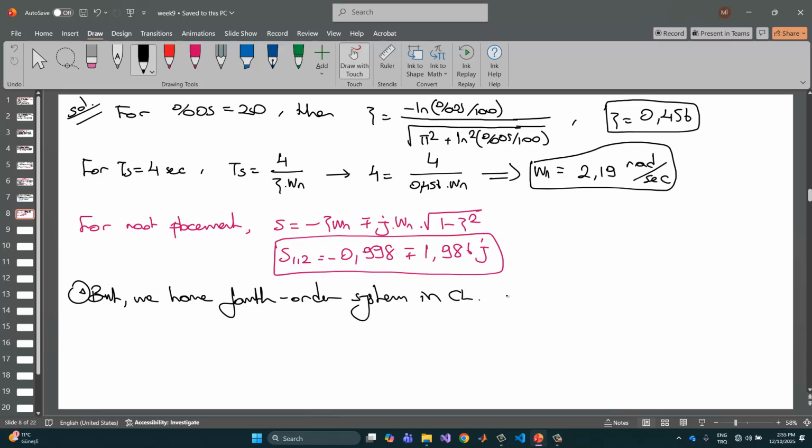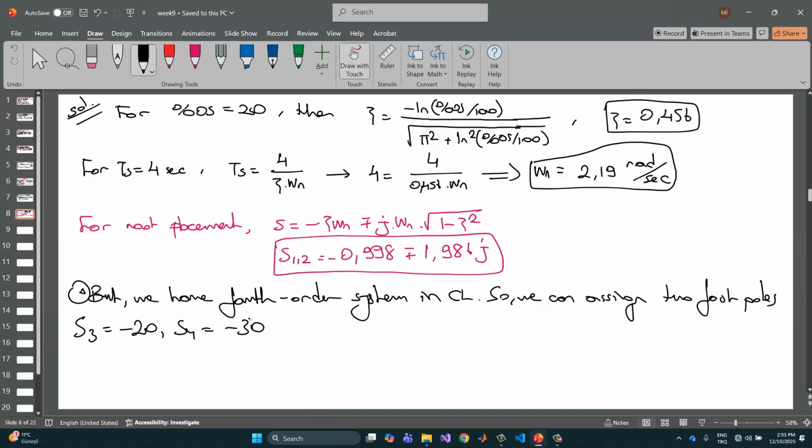In closed loop. So we can assign 2 fast poles, like S3 is equal to minus 20, S4 is equal to minus 30.